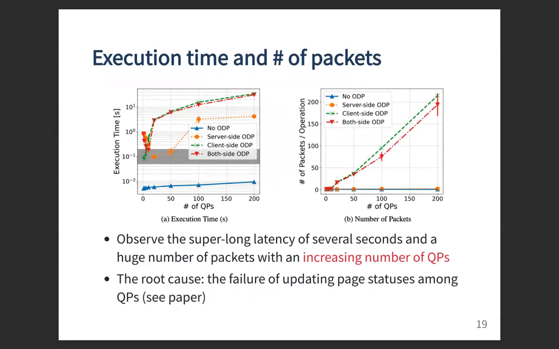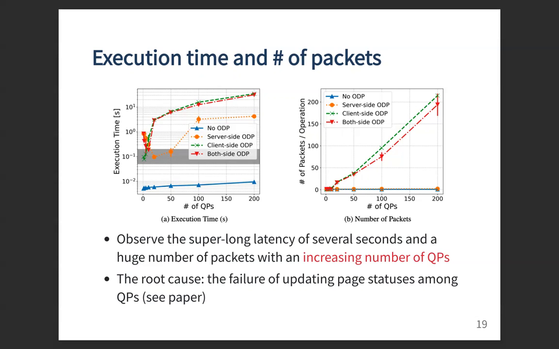This is the result of the microbenchmarks for packet flood. The left figure shows the execution time of the microbenchmark on a log scale, and the right figure shows the number of packets. In both figures, the x-axis shows the number of queue pairs. As the number of queue pairs increases, the execution time increases drastically by several hundred times.